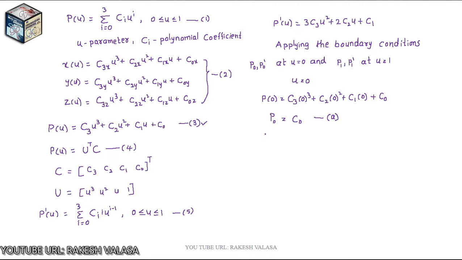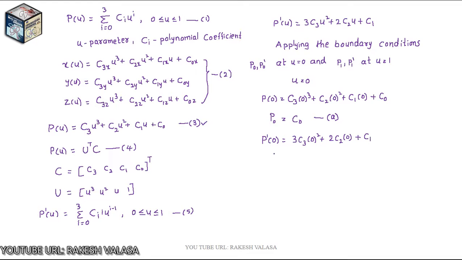Next, similarly, you can substitute this initial boundary condition in this equation, that is p dash of 0 equal to 3c3 0 square plus 2c2 0 plus c1.